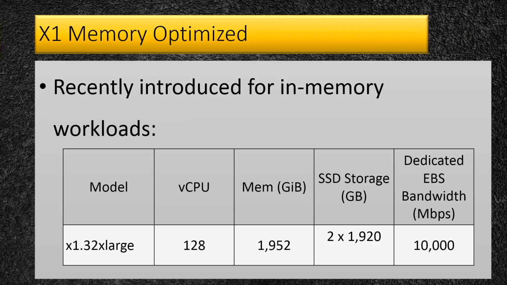It comes with 128 virtual cores and 2 terabytes of RAM already, right? So a huge amount of RAM, and a couple of terabytes of SSD scratch space. So definitely not something that you're going to be using for your regular SQL Servers, but in the interest of completeness, I wanted to mention anything that could be used for high performance.